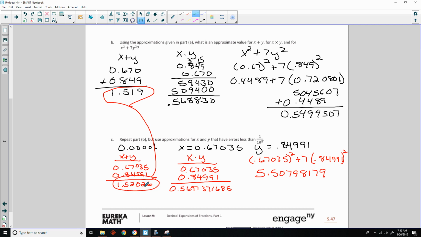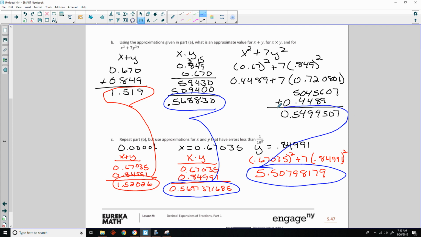So this will be more accurate, but it's close. They're still pretty close. This is 4/100ths off, this one is 1/1000th off, and this is 1/100th off.